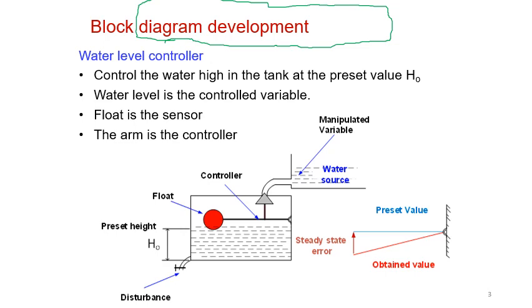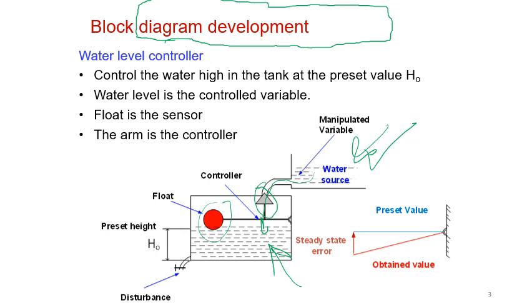Here we are considering a tank filled by another tank. If you look at the system, you will find that we have, let me call them, the upper tank and the lower tank. The upper tank is feeding the lower tank through this valve. And the lower tank measures the quantity of water in it by using the float. It's a very famous system and all of us know it.